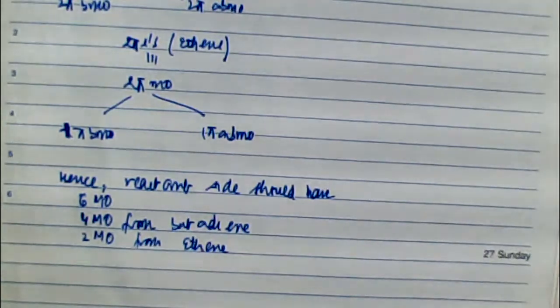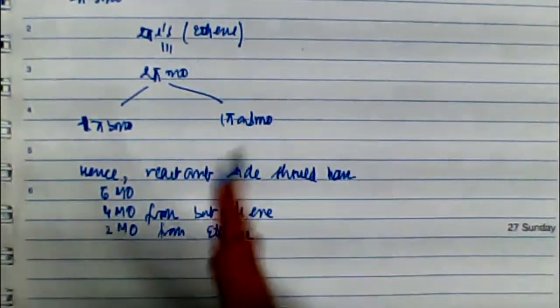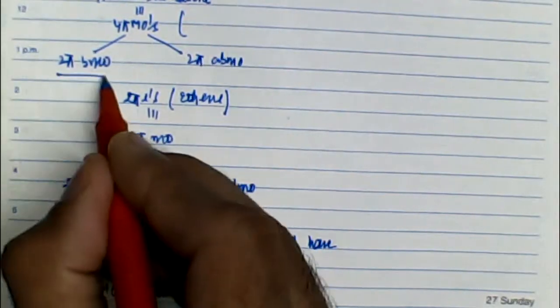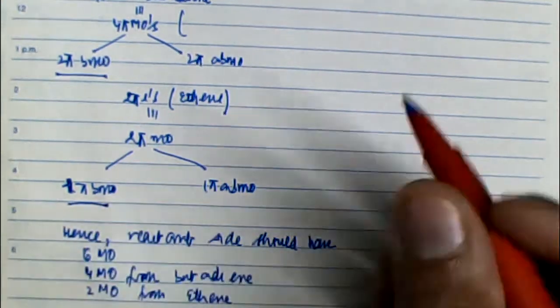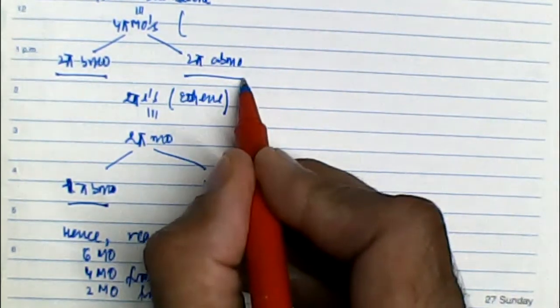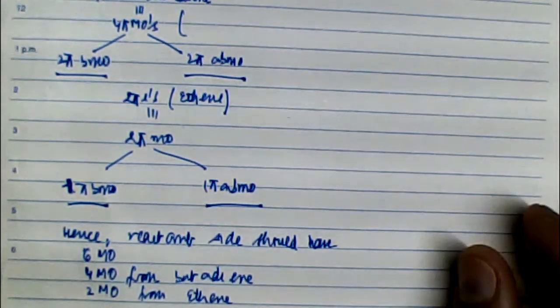Now regarding placing these reactant orbitals on the energy axis, on the bonding side there are 3 bonding orbitals, 2 coming from butadiene and 1 coming from ethene, and on the anti-bonding side there are 3 molecular orbitals, 2 coming from butadiene and 1 coming from the ethene molecule. How do I place them on the energy axis?